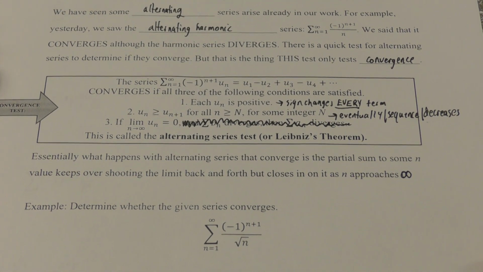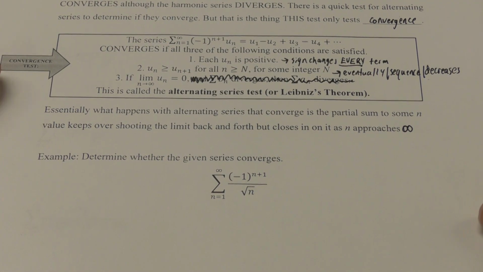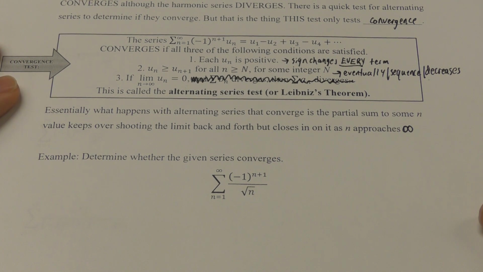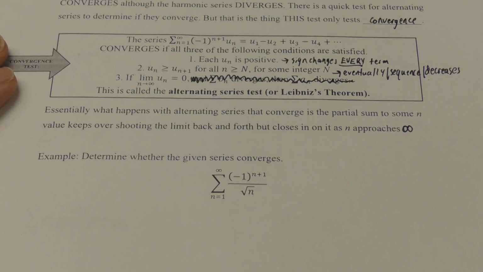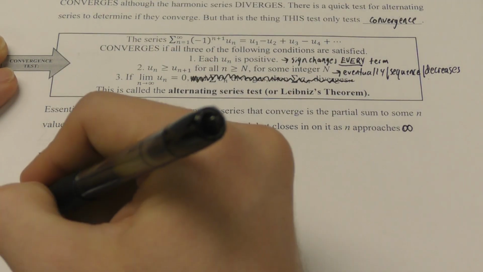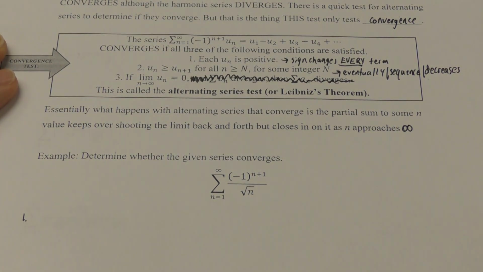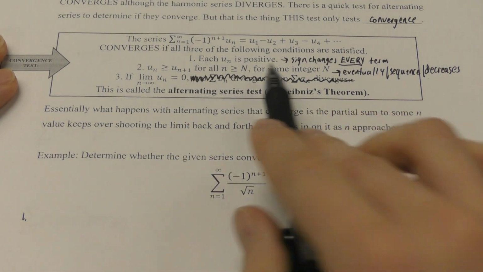All right. So let's determine whether the given series here converges. All right. We got 3 things to check. First, will it alternate every term? Sorry. Will it alternate every term, and is u sub n always positive.